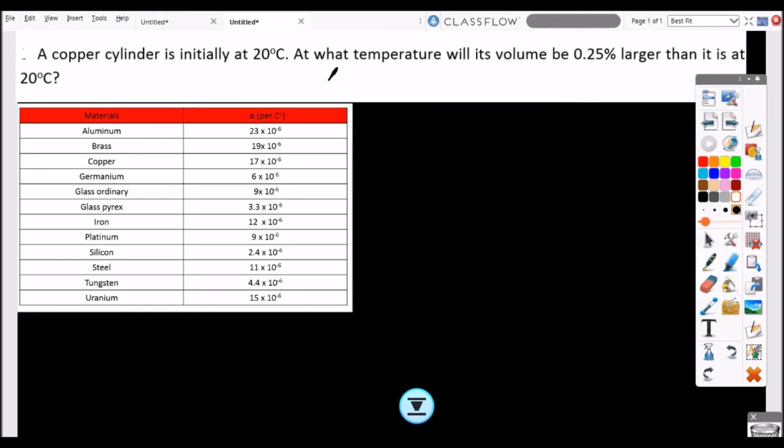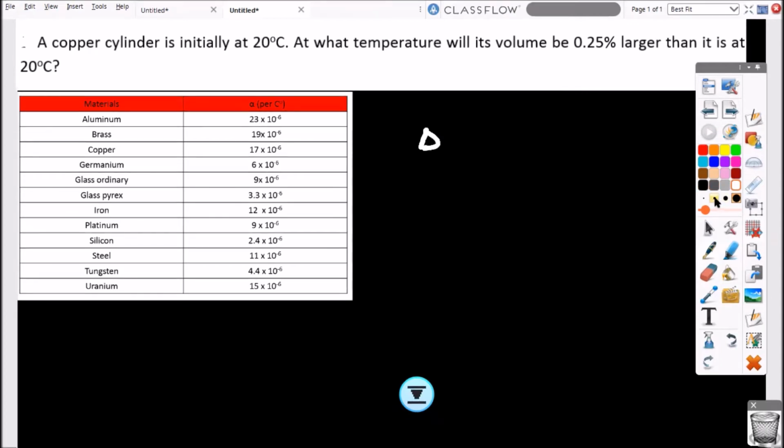By analyzing the problem, the change of volume must be 0.25% of the initial volume, or that's 0.0025 of the initial volume.